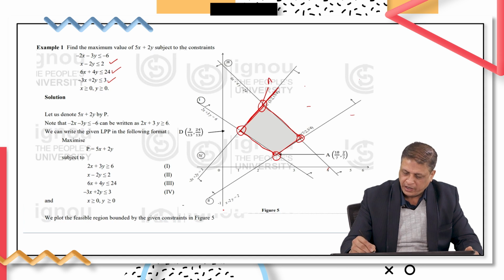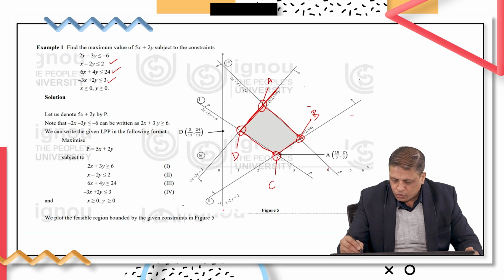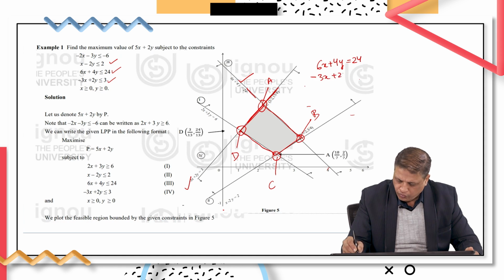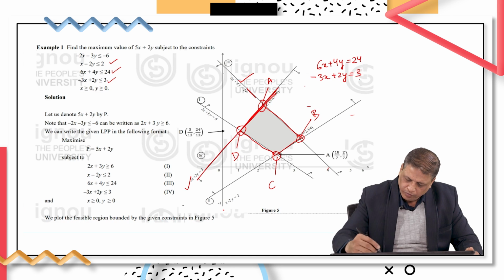Say this is point A, this is point B, this is point C, and this is point D. Then point A is the intersection of two lines, that is 6x plus 4y is equal to 24, which is this line, and the second line is minus 3x plus 2y is equal to 3.